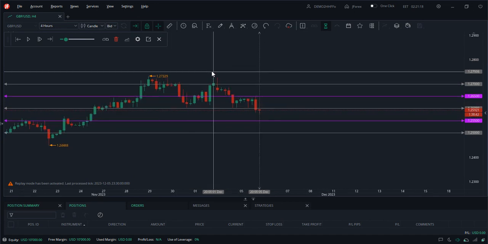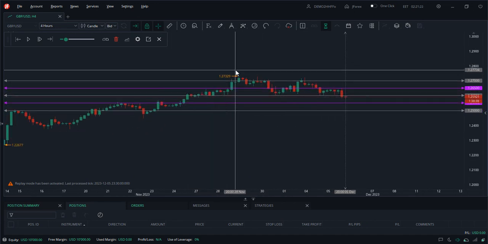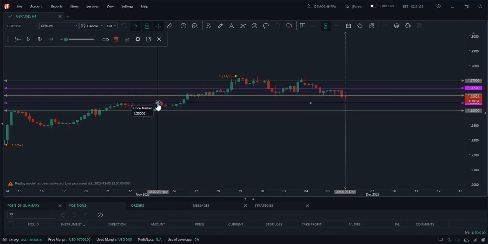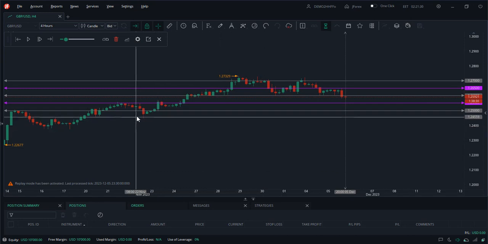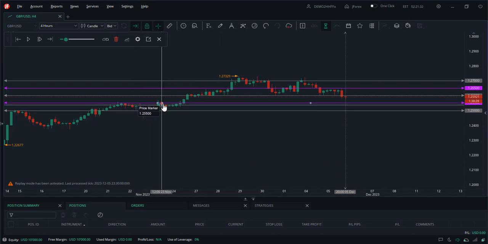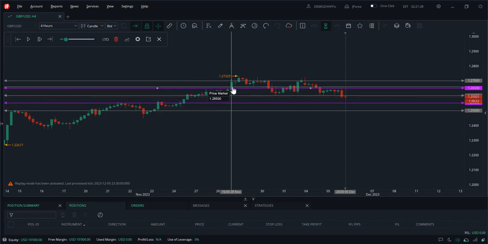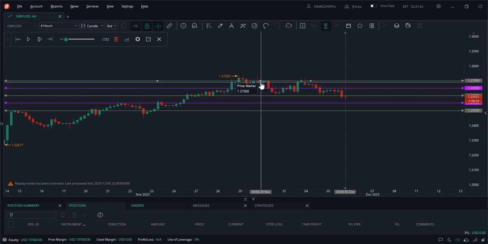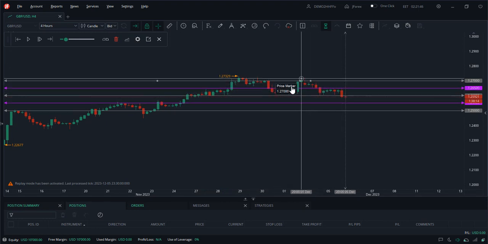Now another idea of psychology levels is this: whenever price gets to a psychology level, you can see it reacts. This price came here. From here, it came to 1.2625, 1.255. So it came here, it reacted, it broke it, came up here to 1.26, it reacted. After breaking it, it came up here to 1.27 thousand, it reacted and came down. You can see when price comes to a psychology level, it is always reacting.